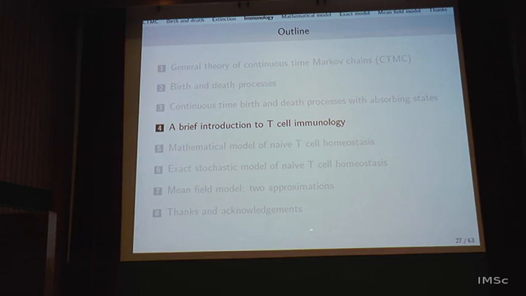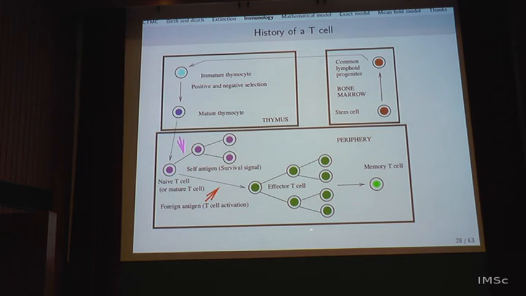I guess on Monday we had great introductions to immunology, both by Binita and Satyajit, and I will not need to cover a lot of immunology. More than anything, I'm not an immunologist. But the idea is something that we are always thinking: if I have some T cell in the periphery, we're always thinking, the title of this workshop is Modeling Infectious Diseases. So this is this red arrow.